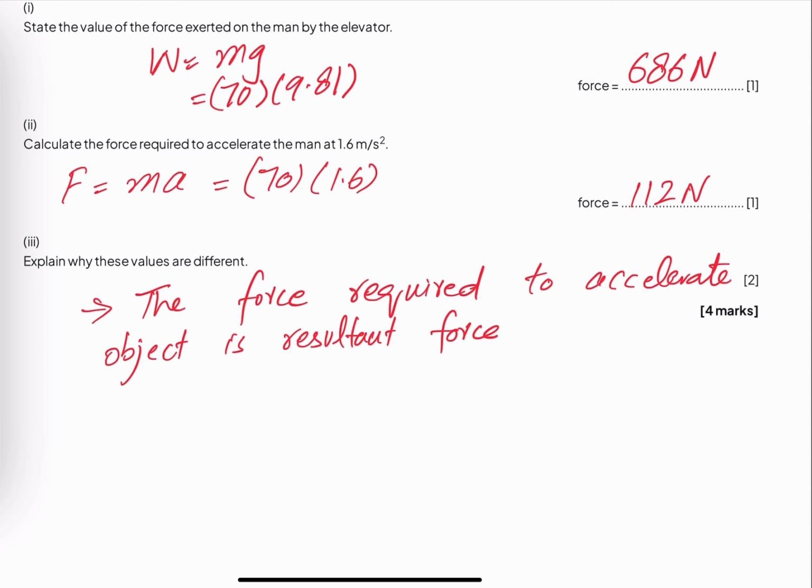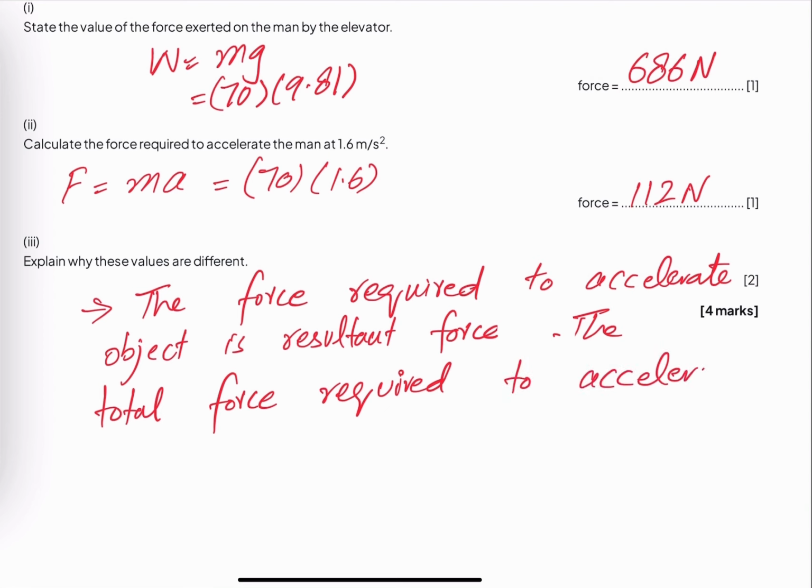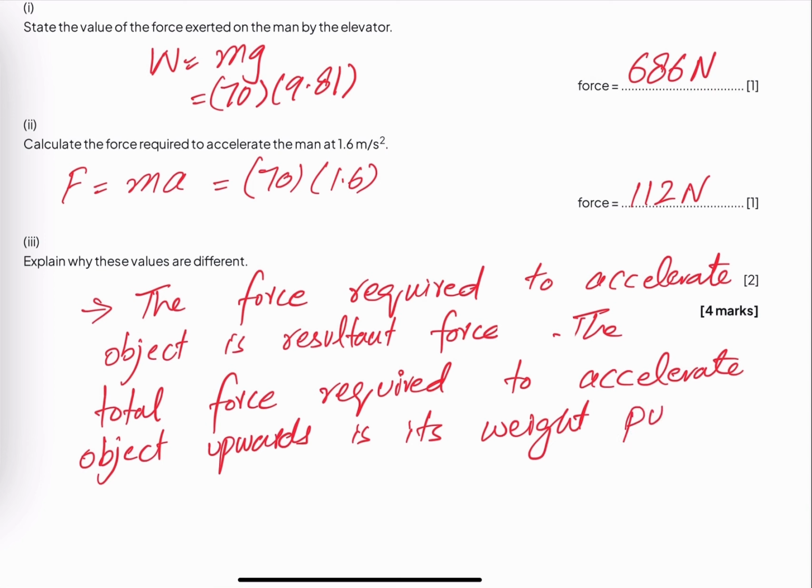So the total force required to accelerate an object upwards is its weight plus the resultant force that is producing the acceleration.